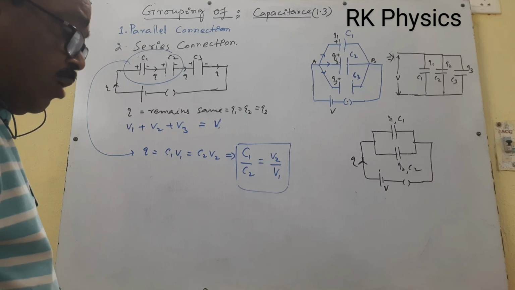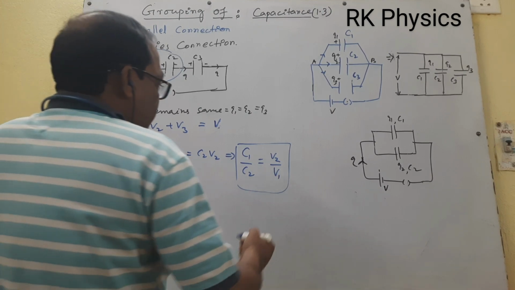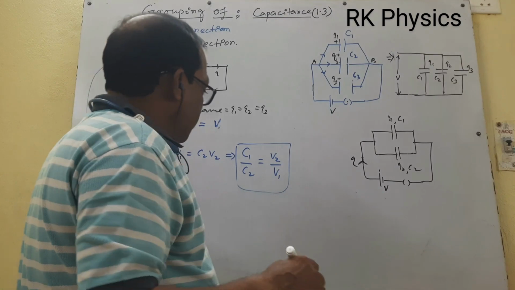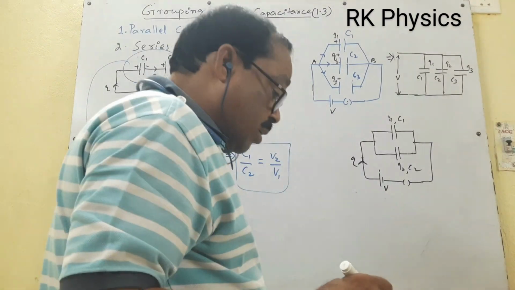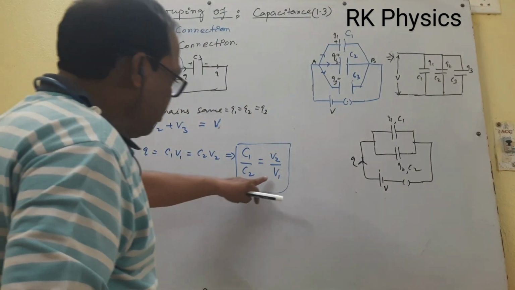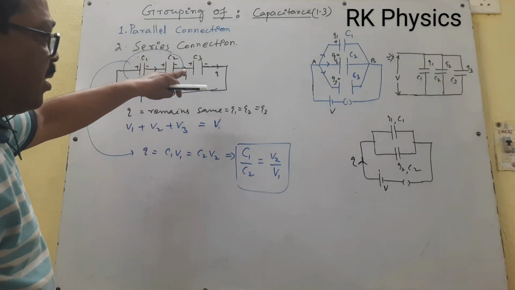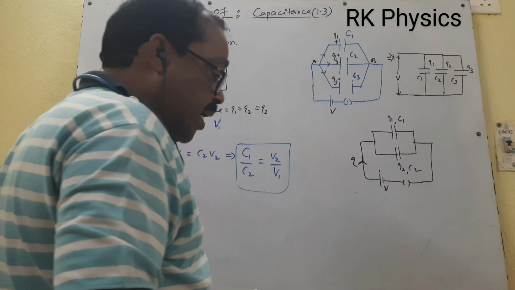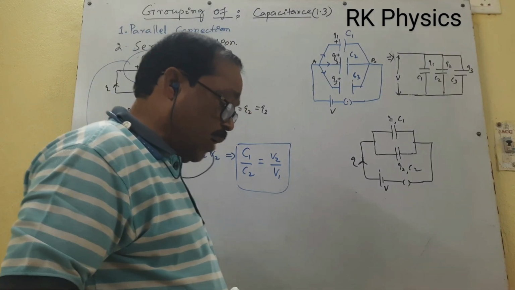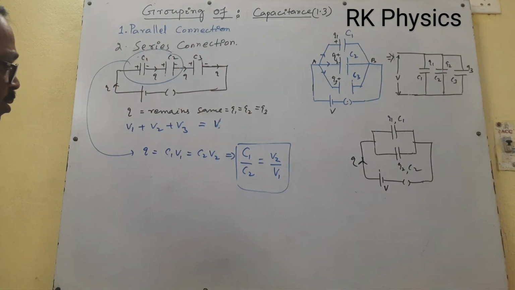Okay. Now if total charge is given, here potential varies inversely with C1, but in parallel the charge varies directly with C1. That is the difference. Okay.